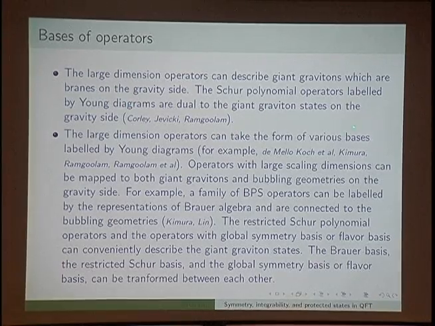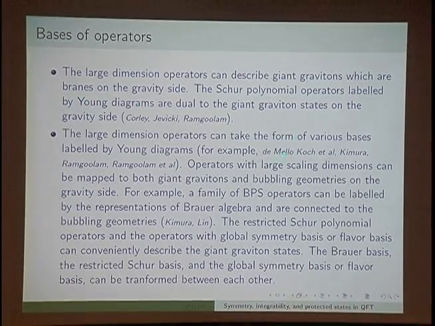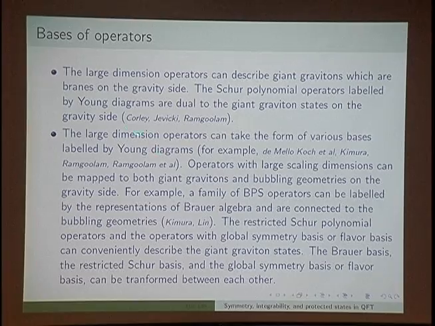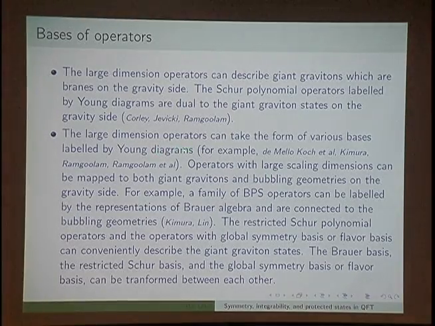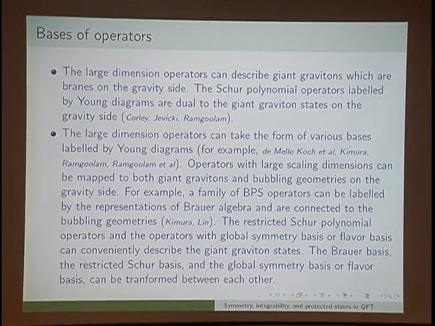So the above is an example when there's one matrix field. One can also consider other more complicated situations where there are two or more matrix fields. And in these cases, there are several labels of the operators. The operator has a dimension very large, of order N. And one label is by using the restricted Schur polynomial, which uses the product of several symmetric groups.